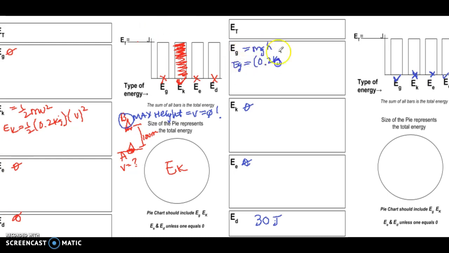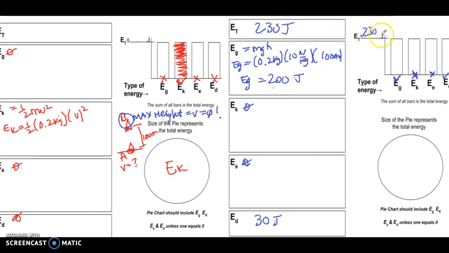I've got 0.2 kilograms, 10 newtons per kilogram, and it goes 100 meters in the air. So good, I can solve for this. 0.2 times 10 times 100 is 200, probably could have done that in my head, 200 joules. If 30 joules were dissipated, and 200 of EG, that means my total has to be 230.